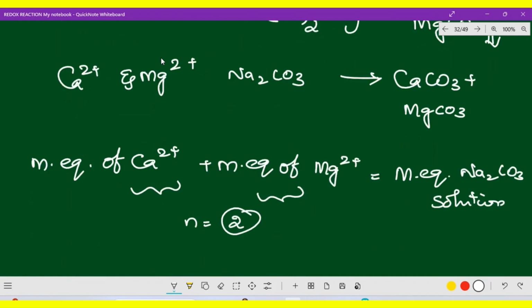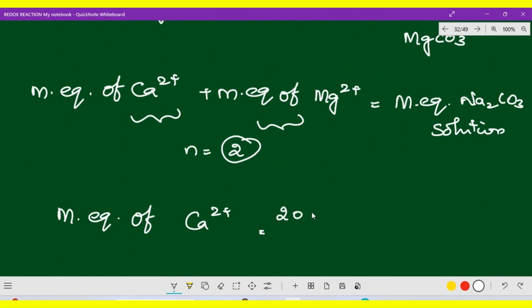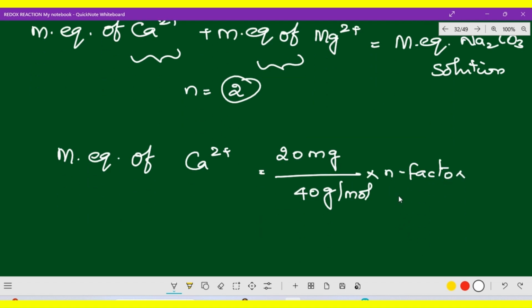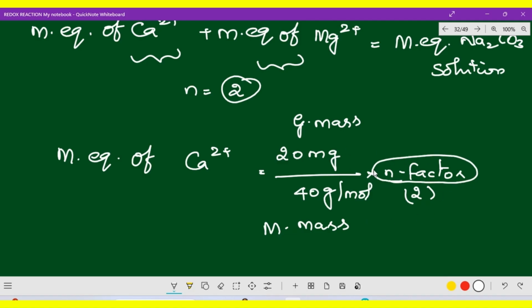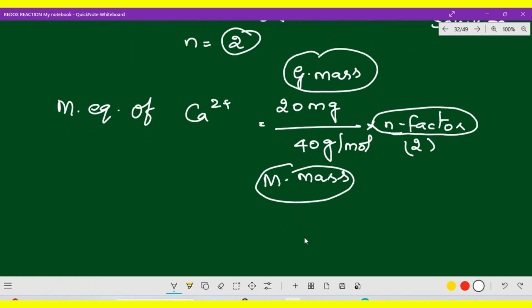The given mass is 20 milligram divided by the molecular mass of calcium, 40 gram per mole, into valency factor 2. I mentioned the formula side by side so that it will be easy to understand. So you will get 1 milli equivalent of calcium ion.